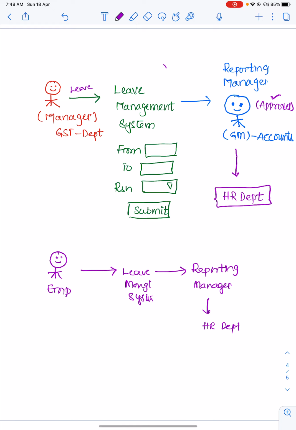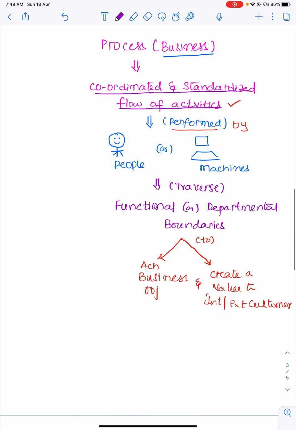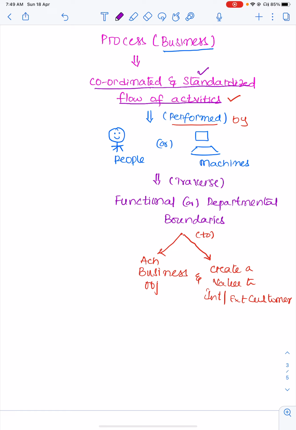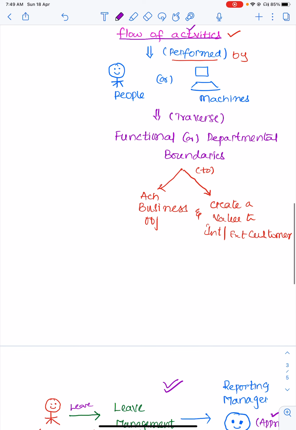Here I took a particular example and generalized it. These are called standardized flow of activities. So the definition is a coordinated and standardized flow of activities. Now we understood what coordination is and what standardized flow of activities means. Now, who will perform this coordination and flow of activities?